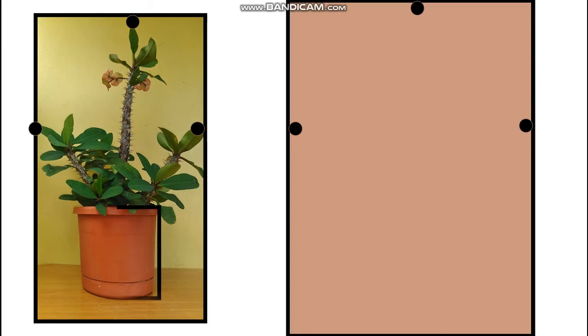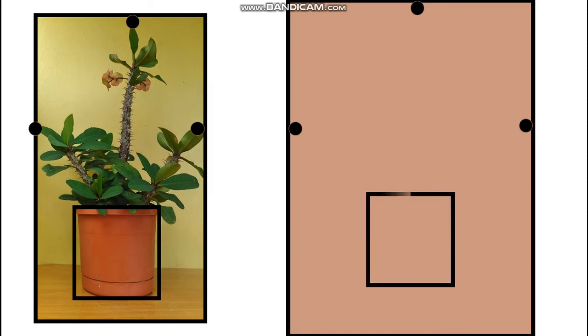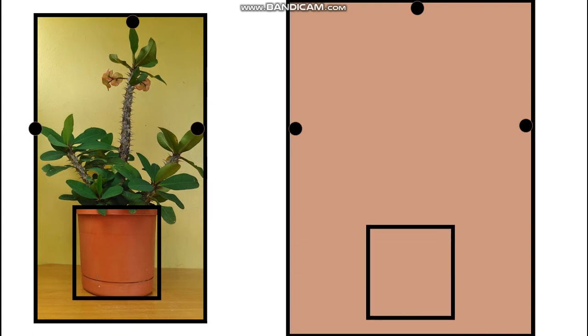Now, once we have our reference points, we need to know where the base, the main selection of our item will be. Now, in this case, our base is the pot, all right? The pot that this plant is placed in. Now, once we have identified that, there's a second area we must take notice of: our spaces. All right. Now, how far is this object from the bottom?